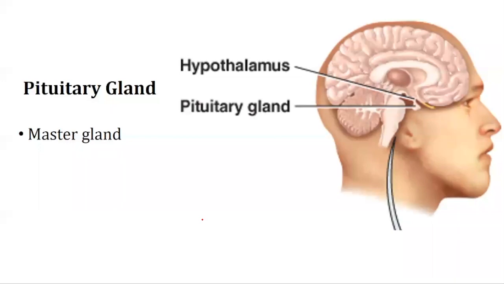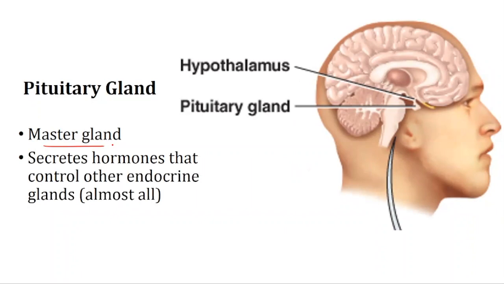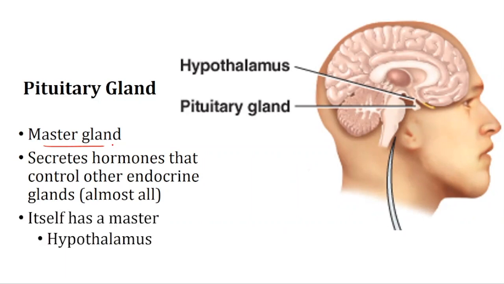Pituitary gland is known as the master gland. Why is that? Because pituitary gland is going to secrete hormones that are capable of controlling other endocrine glands, almost all of them. However, pituitary gland is not really the real master because it itself has a master, which is hypothalamus.